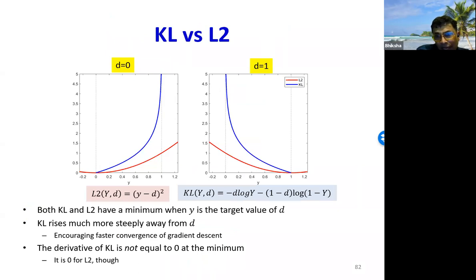To see how KL and L2 divergences behave, consider these two plots. Over here, the desired output is 0. Here, the desired output is 1. The red curve is the L2 divergence between the desired output and the actual output. The blue curve is the Kullback-Leibler divergence between the desired output and the actual output.